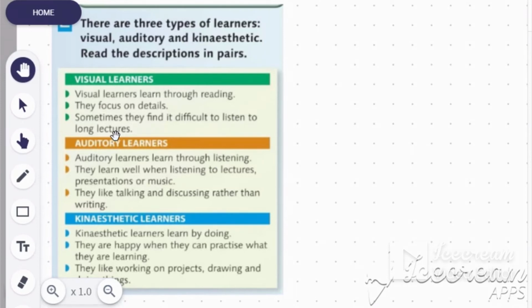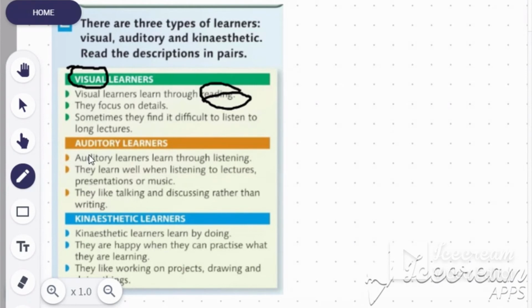They like to read and see the information. So we call them visual learners. Look at this word, visual. Visual means متعلم بصري. They learn through reading.